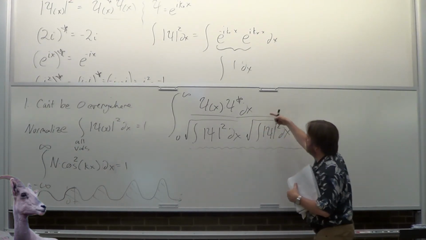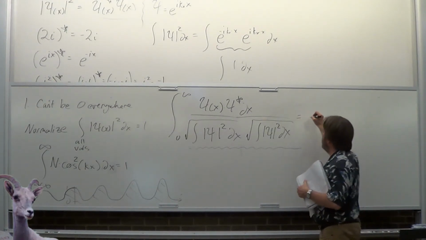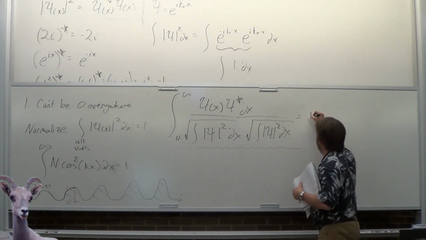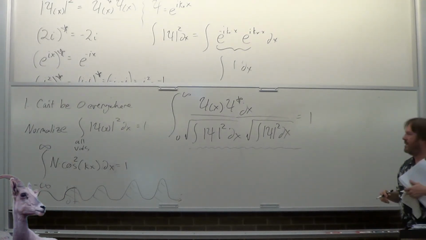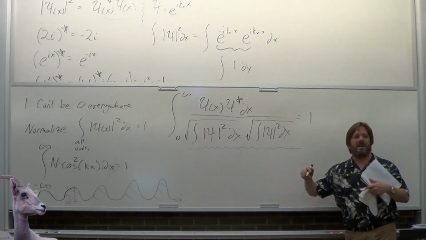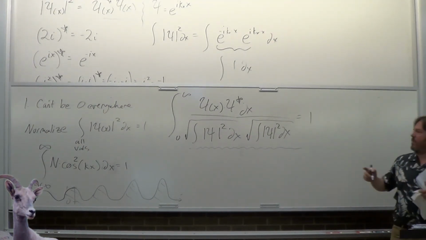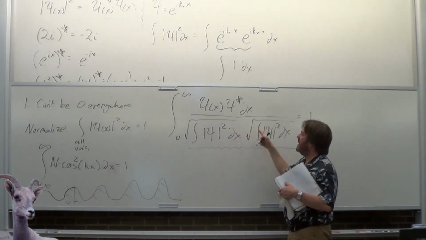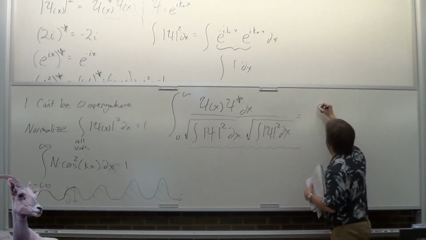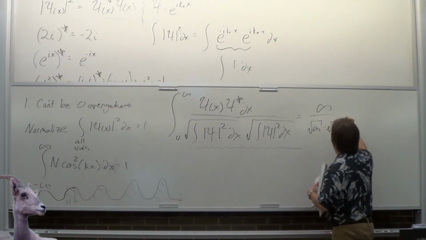I end up with the same expression on top and bottom, right? They both technically integrate to infinity, so infinity over infinity is 1. Oh, so what was the normalization constant in this case? 1 over the square root of infinity. And when I integrate the top part, which is infinity, I have infinity over the square root of infinity. But you can't really evaluate that.